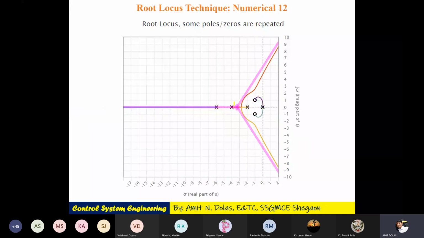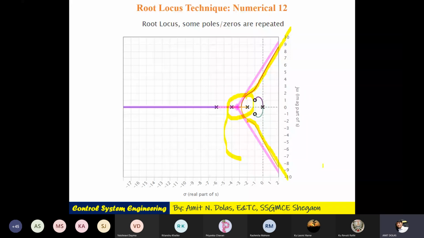Of course, with the value of K, these two poles will move towards each other and get diverted towards the imaginary axis. We have not calculated it, but I am showing it. Towards the imaginary axis, it is diverted with a certain angle. It is called the angle of departure, and it will intersect somewhere on the imaginary axis.